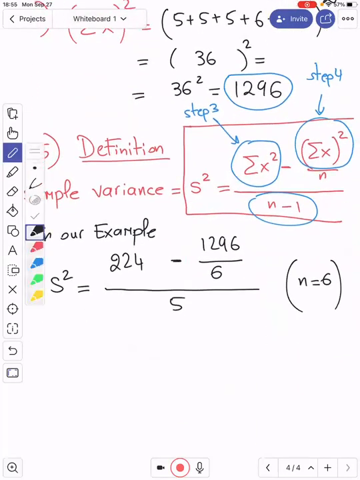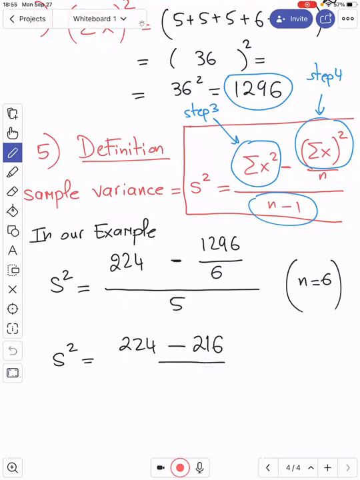All right, so let's compute this. First we have to do the top. So the sample variance would be 224 minus 1296 divided by 6, which is equal to 216. I got the 216 from this thing right here.